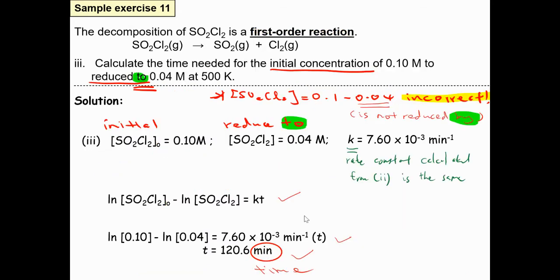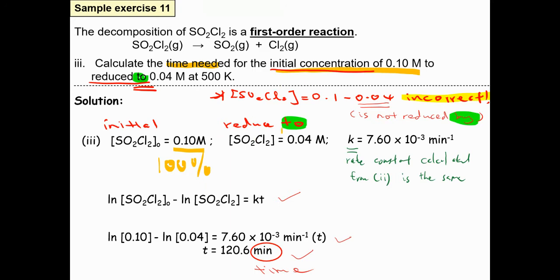Now next one. Calculate the time needed for the initial concentration of 0.1 molar to reduce to 0.04 molar at 500 Kelvin. This time the initial concentration is given, so you use 0.1 molar. You cannot use 100% anymore because the initial is given.